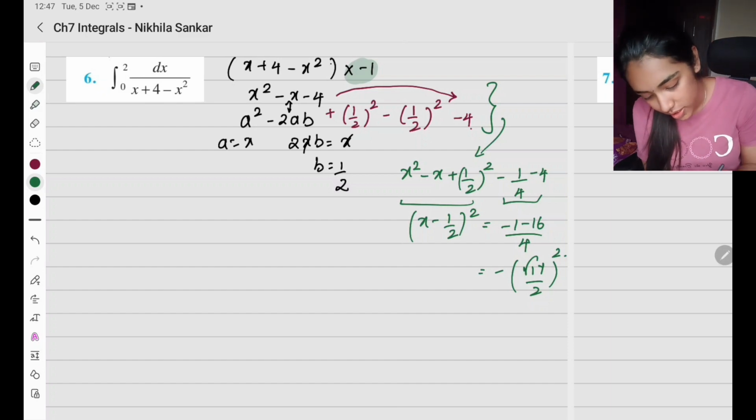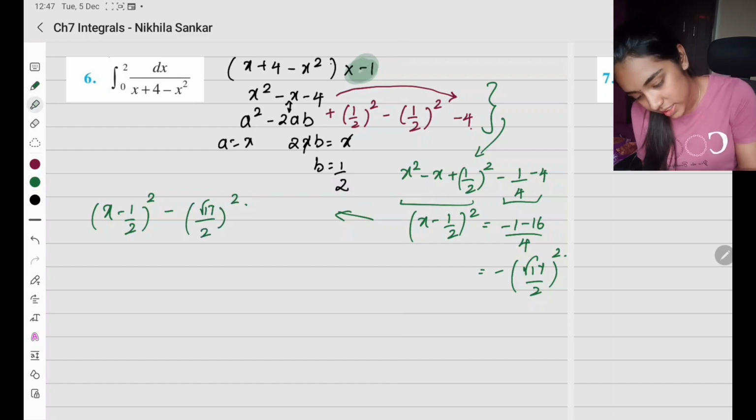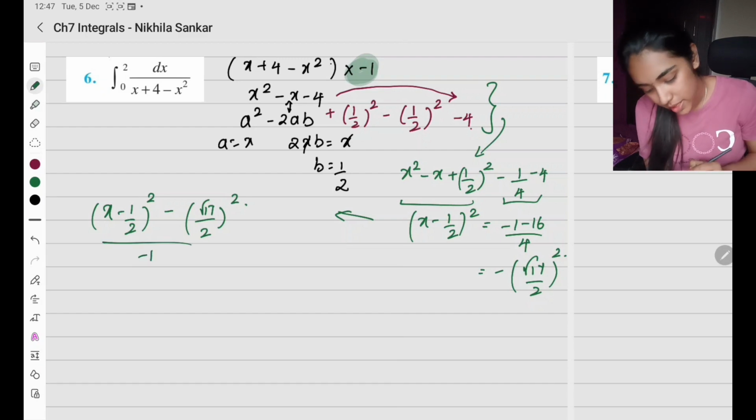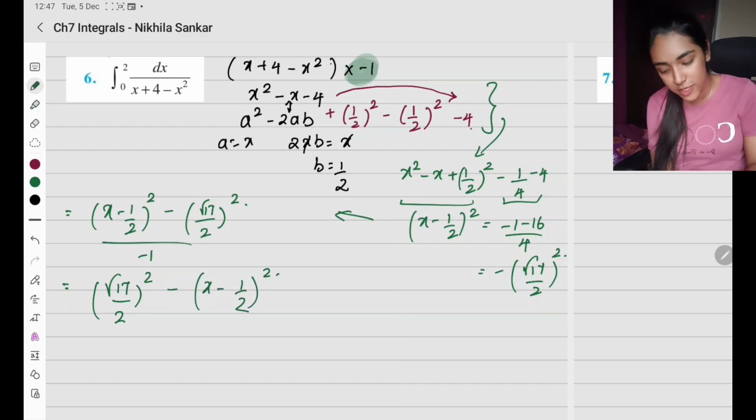Okay. So from here, I have x minus half the whole square minus root 17 divided by 2 the whole square. But there is a minus 1 here, so I have to divide by minus 1. So from this I have root 17 by 2 the whole square minus x minus half the whole square. So now this becomes my integral.